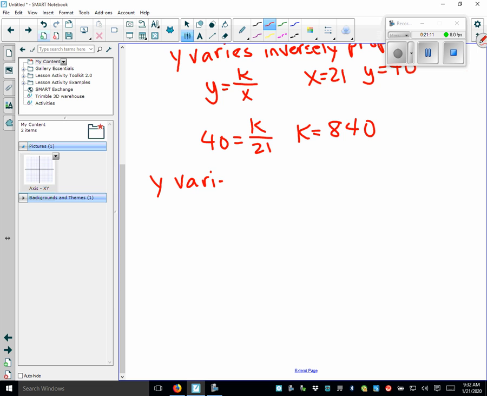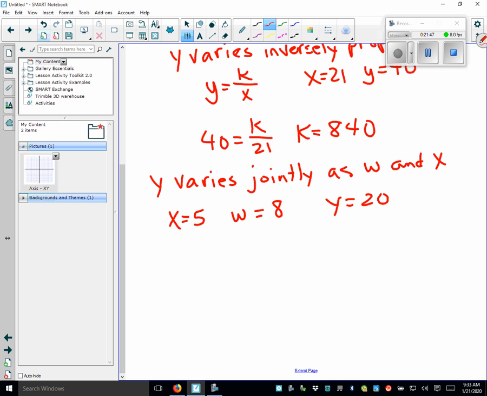Y varies jointly as W and X. X is 5. W is 8.